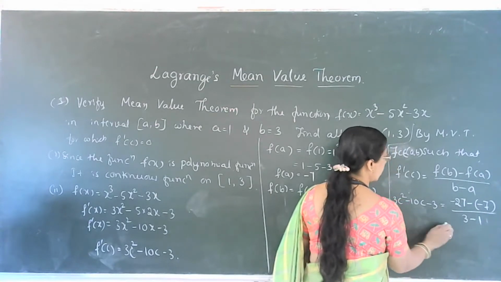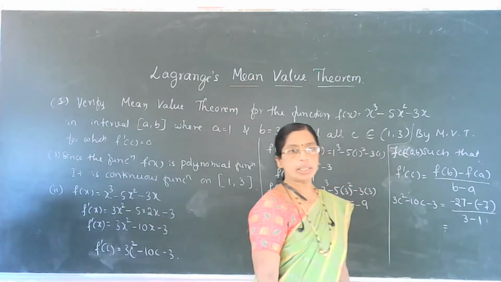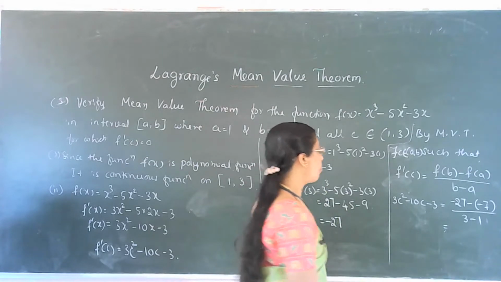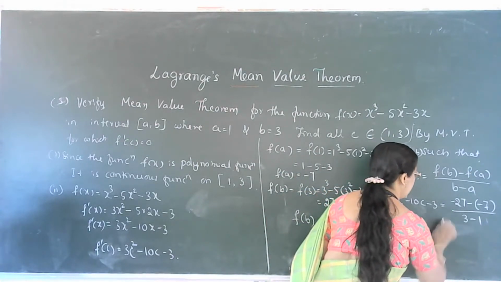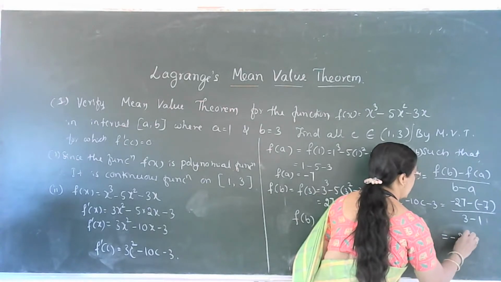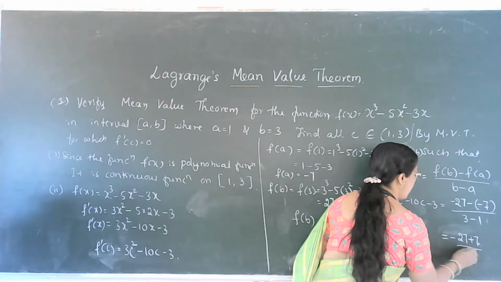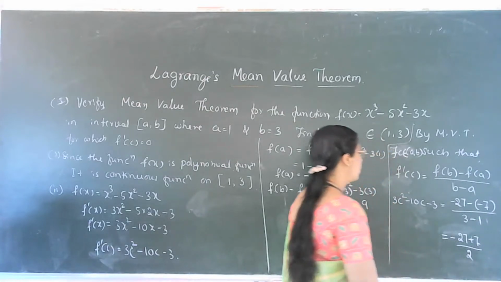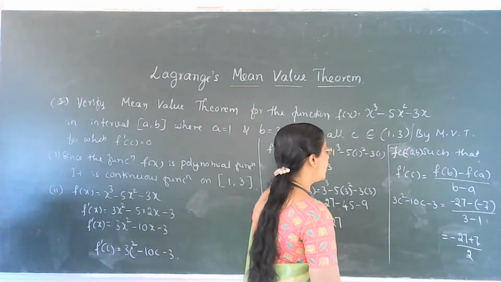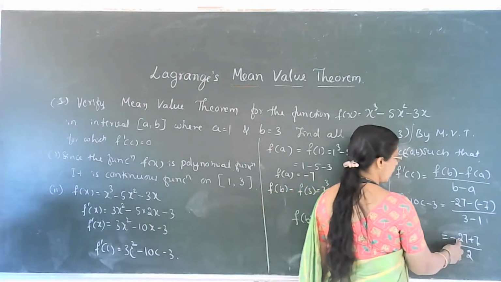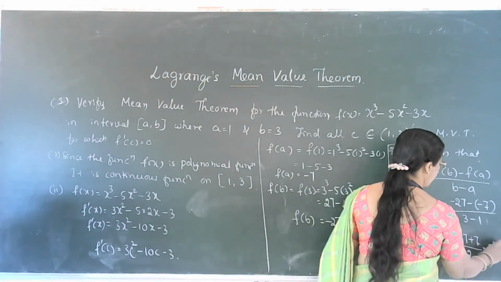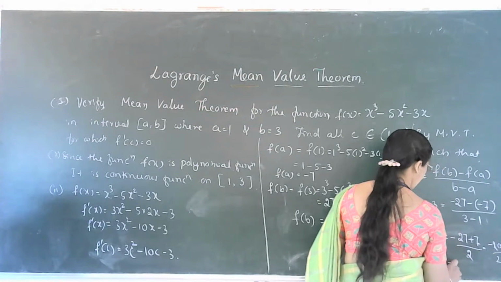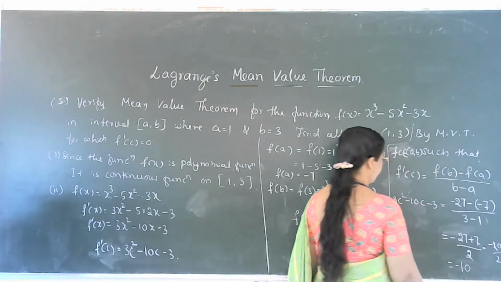That is minus 27 minus of minus 7, which is minus 27 plus 7, divided by 2. Minus 20 by 2, which is equal to minus 10.